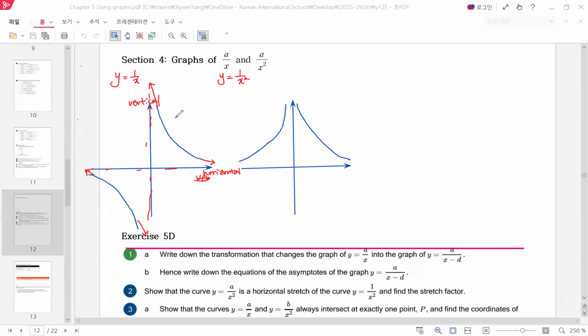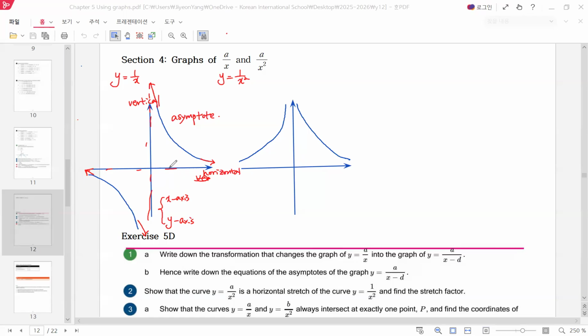We call them asymptotes. That means that it has two asymptotes, which are the x-axis and y-axis.